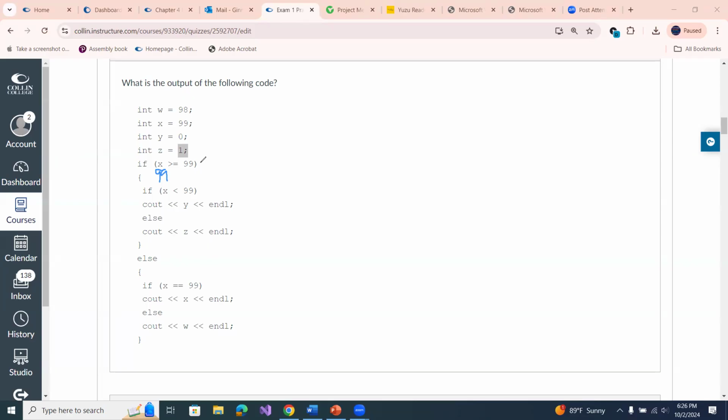That would be true. So when this is true, it goes in here. So it's never going to go in here. This is only if it's false. So now we look at X again and it says, is X less than 99? That would be false. So we see out Z. So Z is a 1. So we see out a 1.